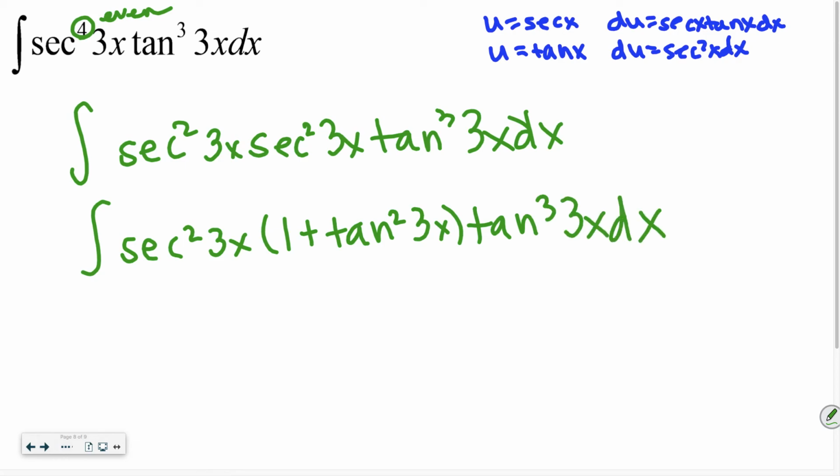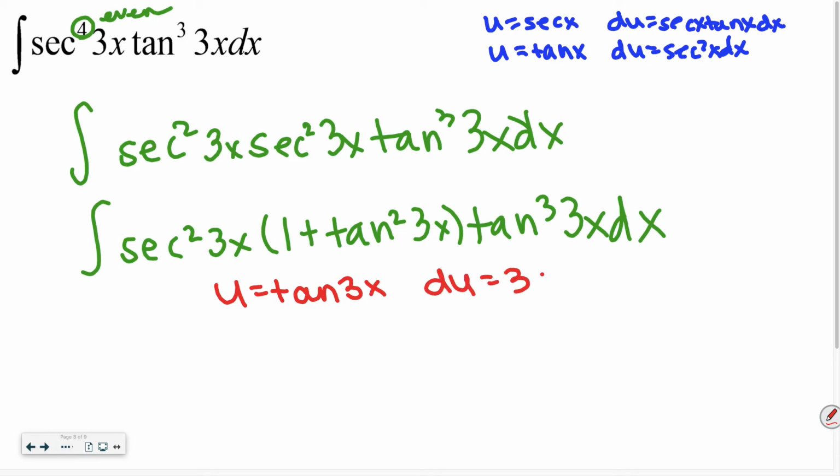So now we have an opportunity to let u equal tangent, with that secant squared left over for our du. The problem is that it would have to be a tangent of 3x, so it would be 3 secant squared 3x, which is fine. You can just pop that 3 out to the outside.